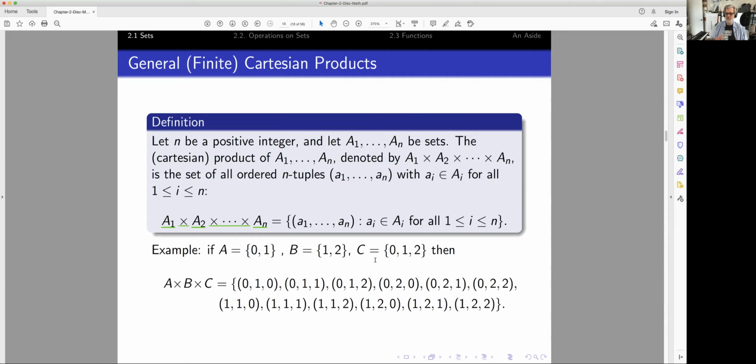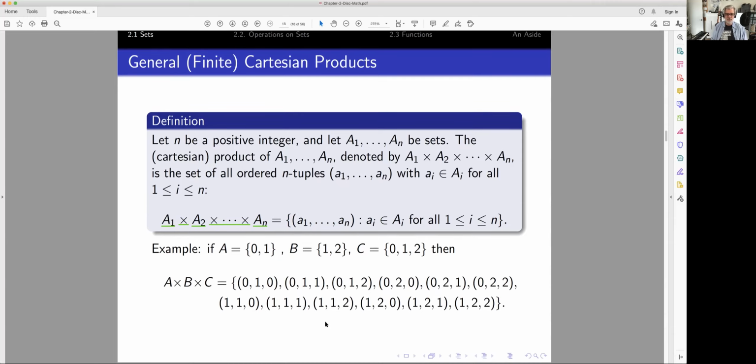You may have done some basic counting in high school, but if you think a little bit about it, we'll talk about it later anyway, you should expect to have 2 times 2 times 3 different triples. That's 12, and hopefully I got 12 different ones here, which I think is the case.